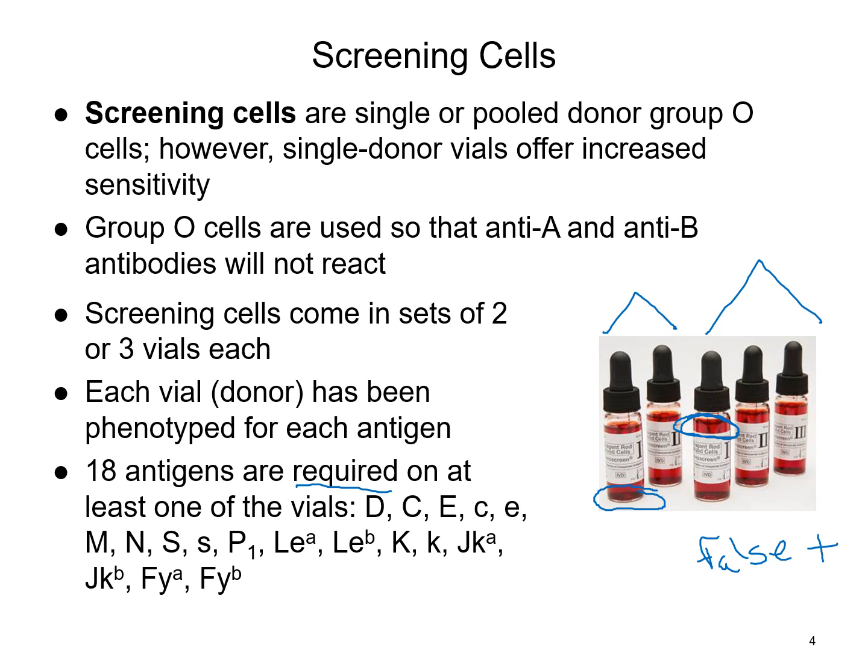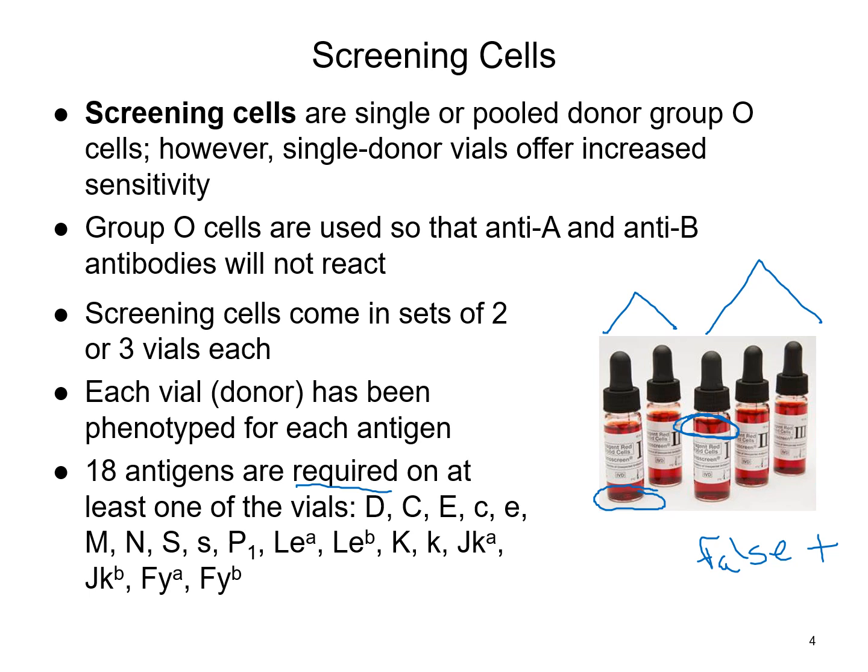Now, there usually are a couple of other cells that are in addition to these on those panels, but at minimum, those cells have to have at least this makeup in order to make those screening cells for that particular screening cell set. And that's why sometimes you may have to go to a 3-cell to ensure that you have enough reactivity, depending on your donor, your center, where you're at, your blood bank, as far as what their preference is, what they're going to use.